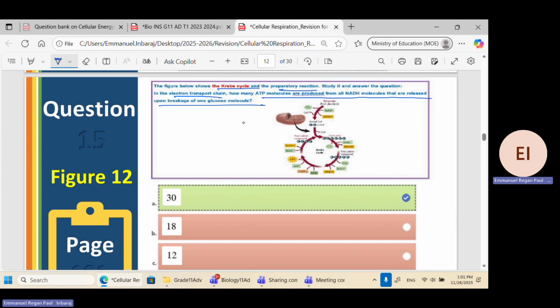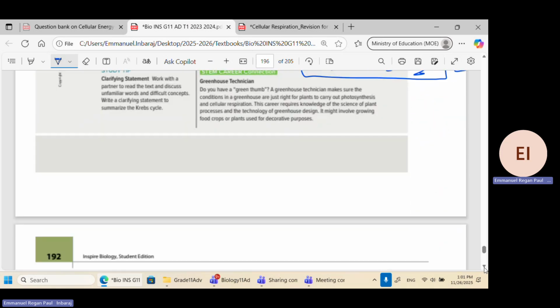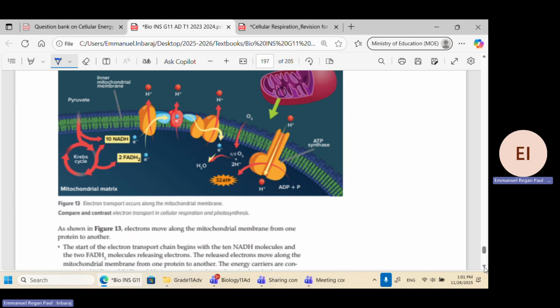If you want to know this, we need to go to the next stage. The next is called the ETC, the electron transport chain. Here is the electron transport chain. Watch carefully. How many NADH enter here? 10 NADH. And how many FADH2 enter? 2 FADH2.